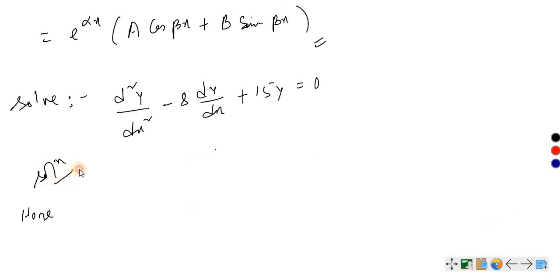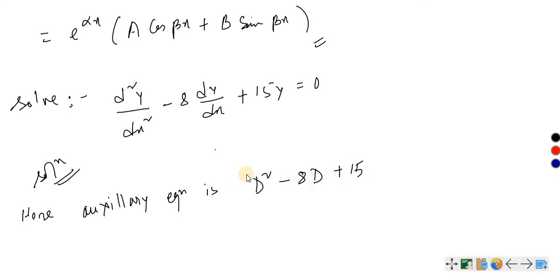Solution. Here the auxiliary equation is, so for the auxiliary equation just omit y from all the terms. So D² minus 8D plus 15.